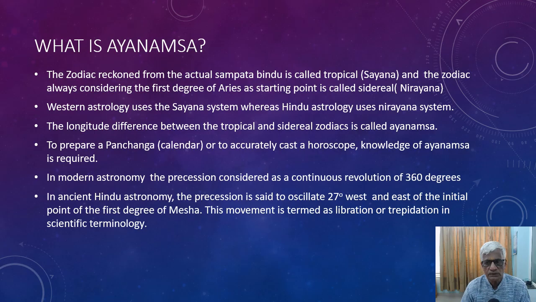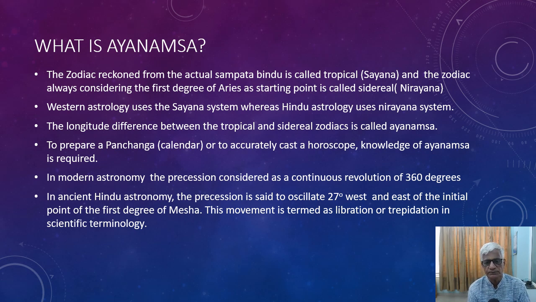The zodiac which considers the first degree of Aries always as the starting point is called the sidereal zodiac. Sidereal means reference to a star. Nirayana means without ayana, without movement. Sayana means with movement. Western astrology uses the Sayana system, whereas Hindu astrology uses the nirayana system.